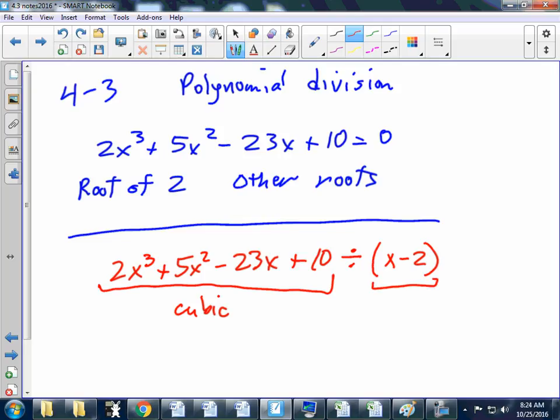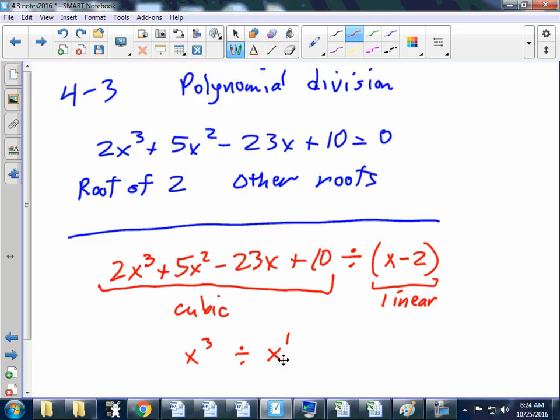This is linear. So in other words, x cubed term divided by linear is x to what? X to the first. Okay, so remember your rules of exponents.